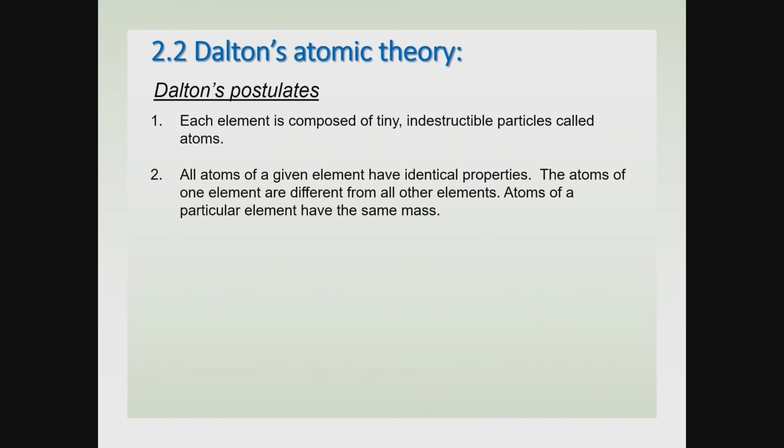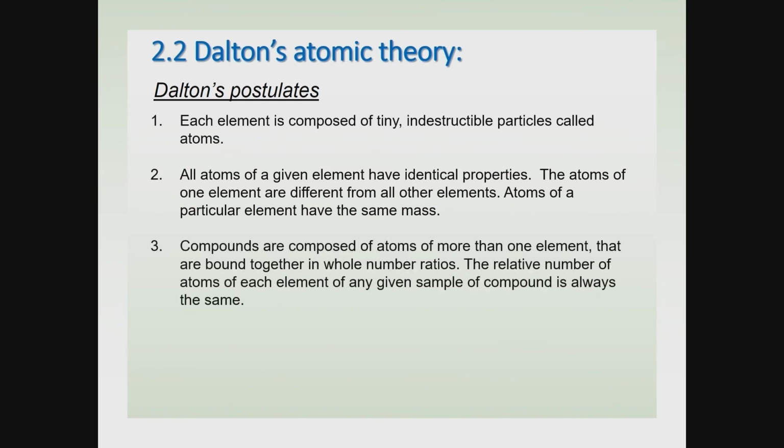The second postulate is he thought that for a given element, all atoms of that element have the same mass and the same properties. However, different elements' atoms would have different masses and different properties.